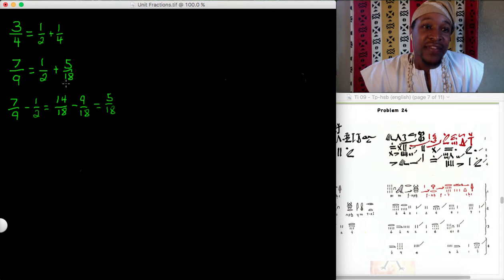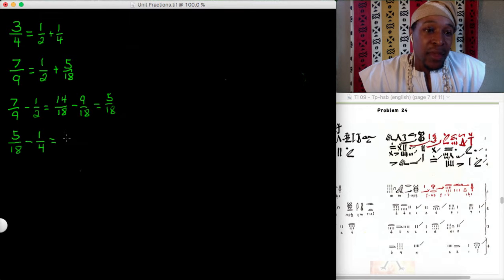But 5/18 is not a unit fraction, so we have to do this process again for 5/18. 5/18 is smaller than 1/2, so we can't subtract 1/2. 5/18 is also smaller than 1/3, so we can't do that. But 5/18 is larger than 1/4, so we can subtract 1/4. So let's do that. 5/18 minus 1/4, we'll need common denominators here.